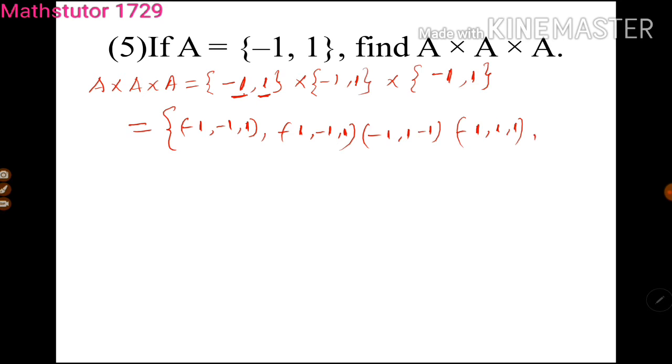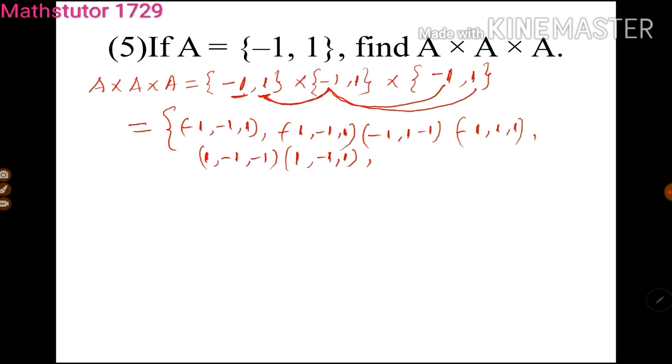See how. 1 maps with -1 and -1, 1, -1, -1. Next one, we'll fix the 1 here and fix the -1 here and change it to 1. So 1, -1, 1.